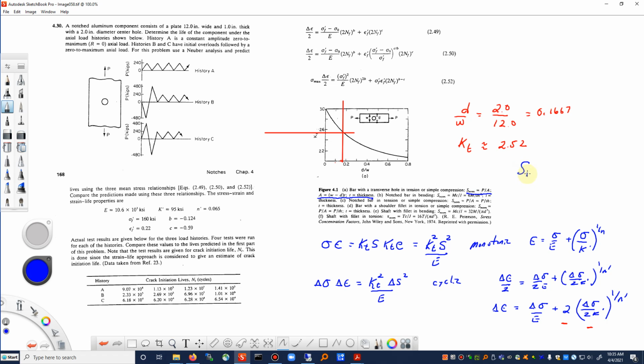So S nominal is going to be equal to P over 10 times the thickness. It's 1 inch thick plate. Okay. So let's make a note of that on the next page.